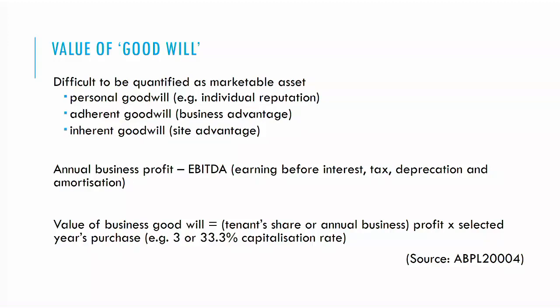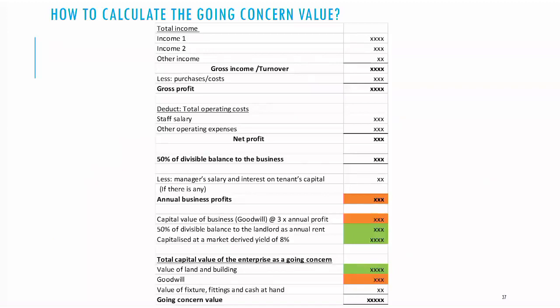All right, let's do it. Let's see. This is the simple model. Calculate the total income. There could be different income sources: 1, 2, 3, another income. That's gross income, gross turnover. I'm trying to go through fast to finish the calculation, right?